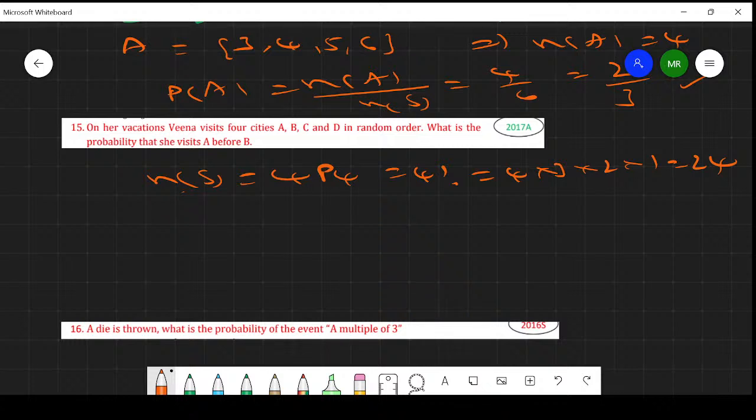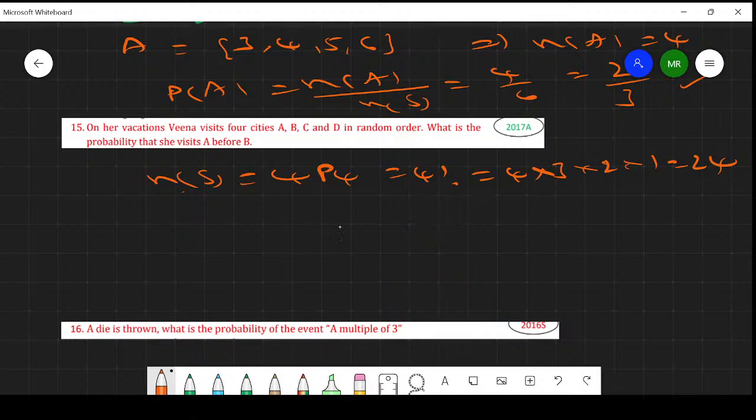Because with 4 places, she can visit in any order, that is n(S). For the first place she can visit 4 ways, second place 3 ways, third place 2 ways, fourth place 1 way, total 24. That is the reason for 4 into 3 into 2 into 1. I hope you understood this. These are the sample points I have written.